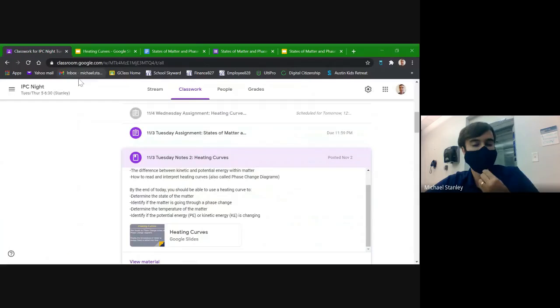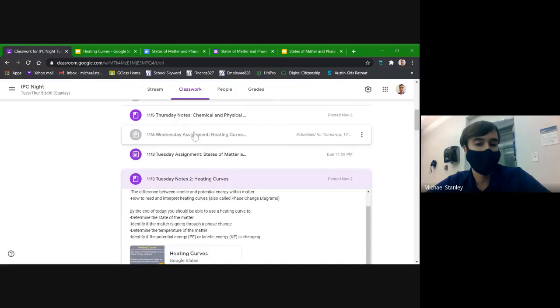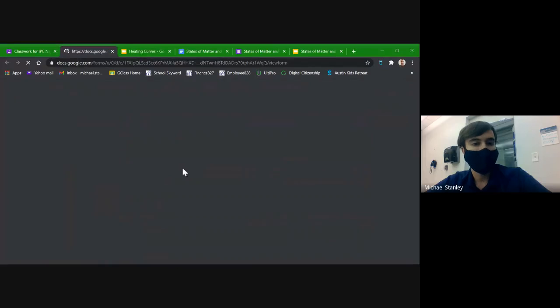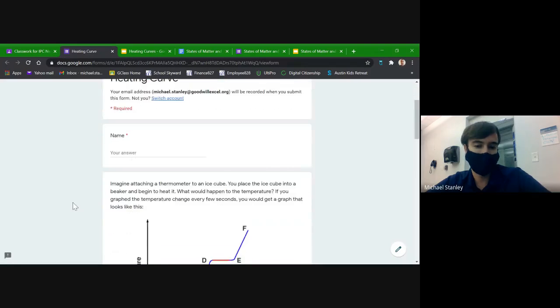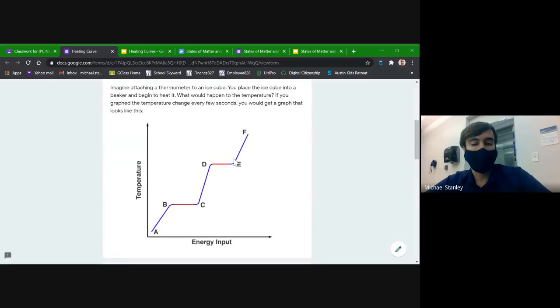So for tomorrow's homework, tomorrow's assignment that'll be posted tomorrow morning, we have a heating curve that looks pretty similar to the one that we were just looking at.